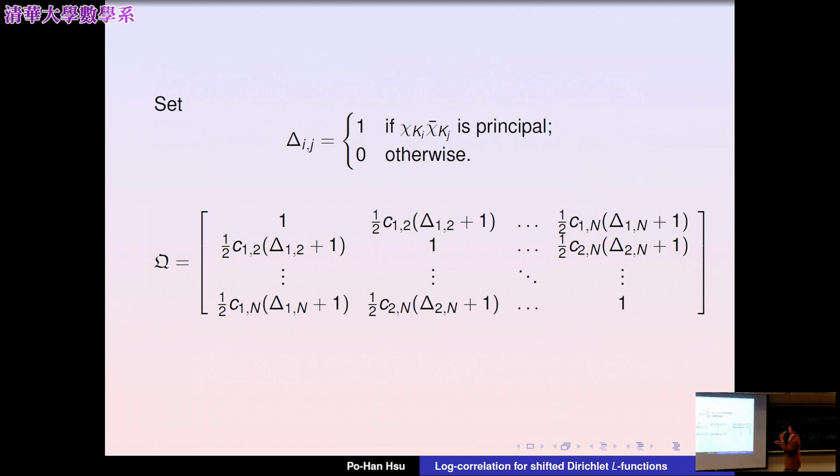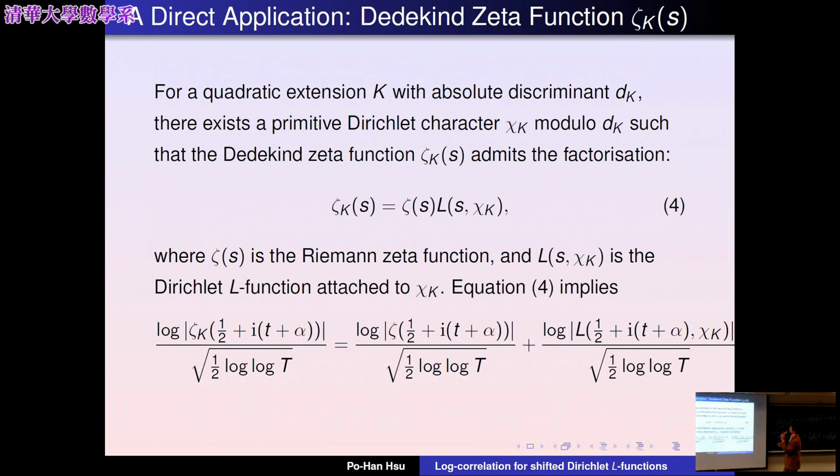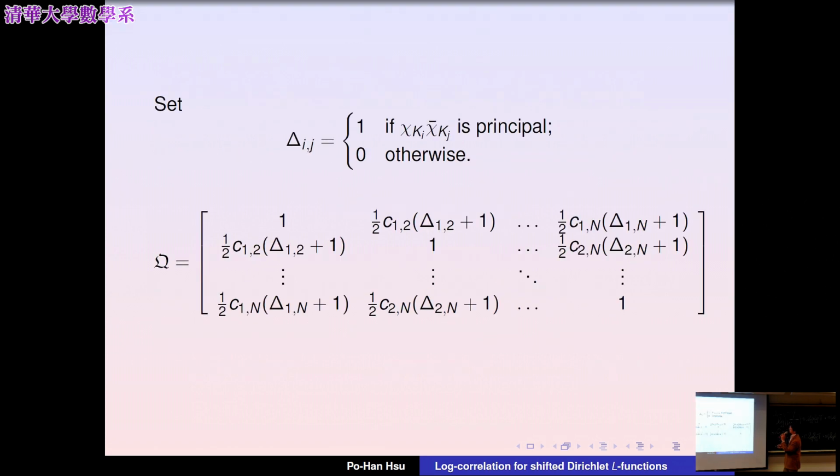Namely, if you have nice requirements on the shifts and also on the discriminant of the extension, and if they satisfy some nice positive definite condition, then that sequence of vectors converges to a multivariate normal vector whose mean is 0, and covariance becomes this. And this capital delta captures the corresponding Dirichlet character, and this C_ij is once again a shift.